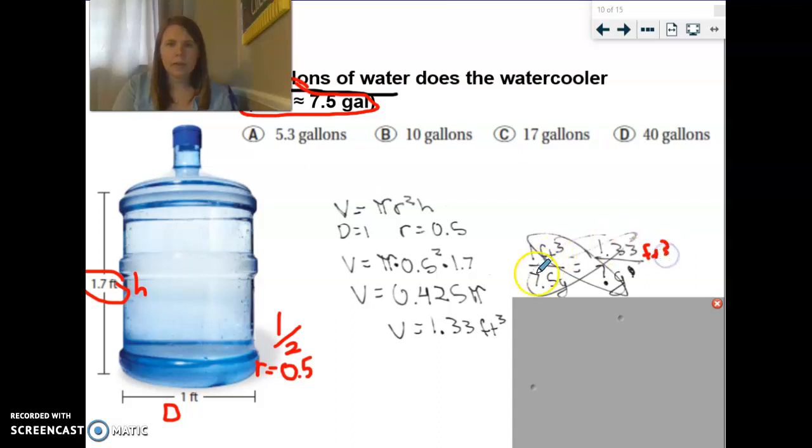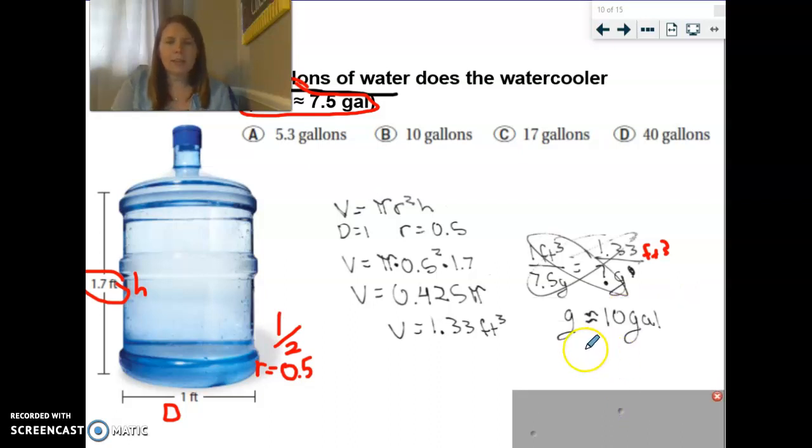Okay. Then I just use my cross multiplication or my butterfly, basically. So I'm taking this 7.5 times 1.33 is going to be the same as this 1 gallon. So really, I'm only multiplying the 7.5 times 1.33, and that's going to give me how many gallons I have. When I get that and I approximate it, let me double check what you would get in your exact calculator. 7.5 times 1.33.